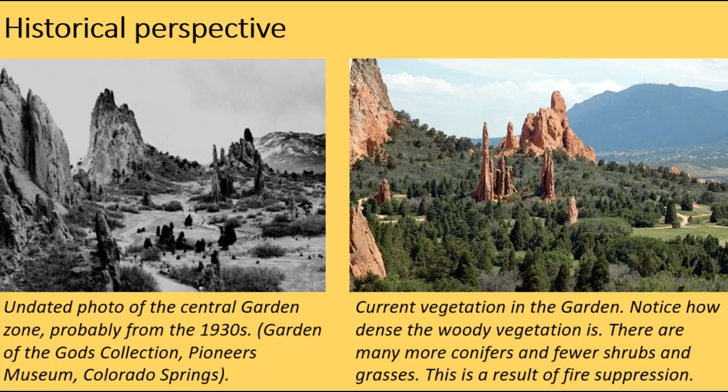But now, on the right, we see that there's way more forest, and that has to do with fire suppression. It is thought that the Native Americans who lived here were burning the landscape in a prescribed burn to facilitate hunting and the development of their practices on the landscape.